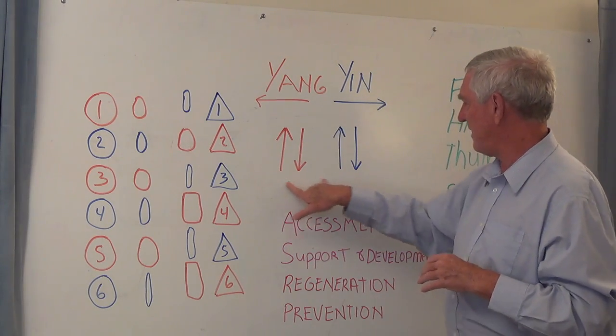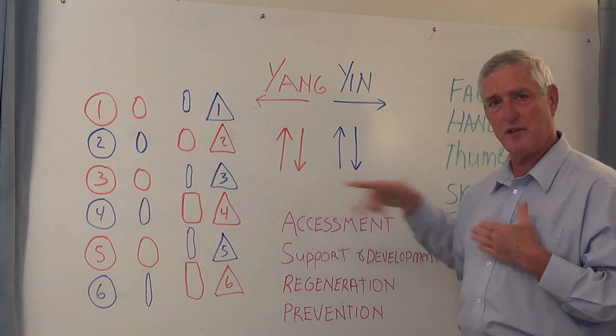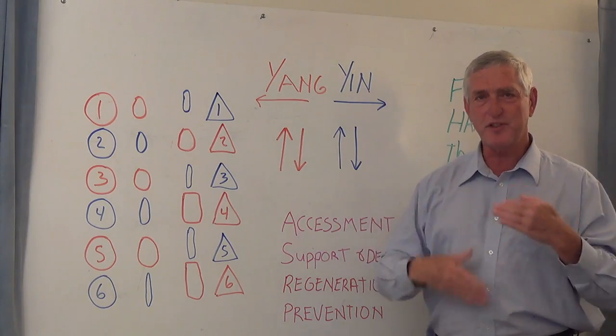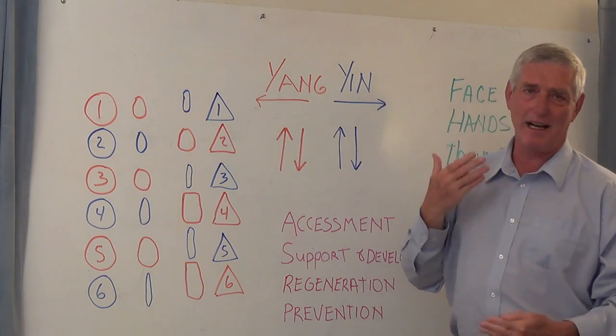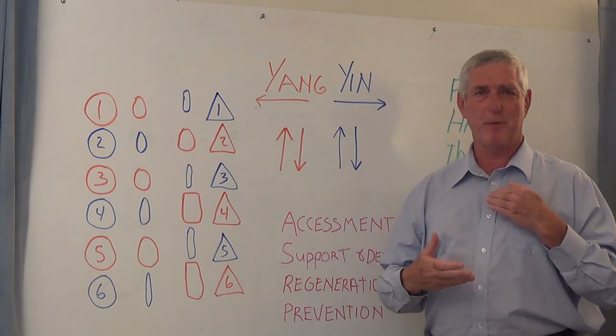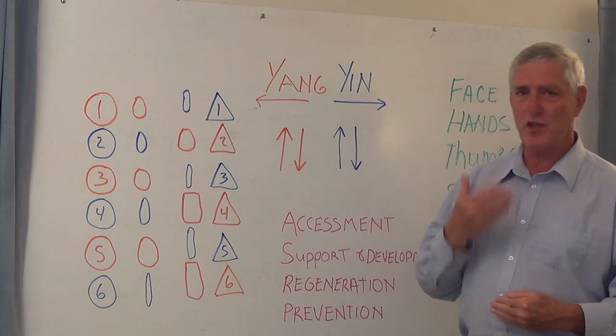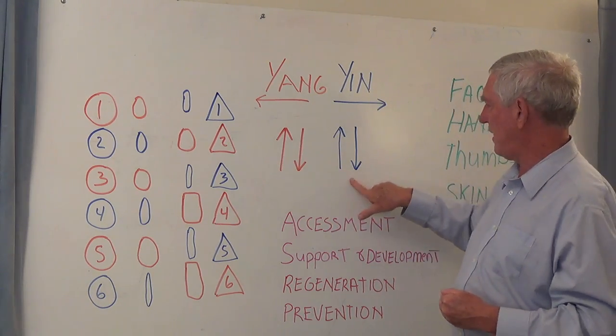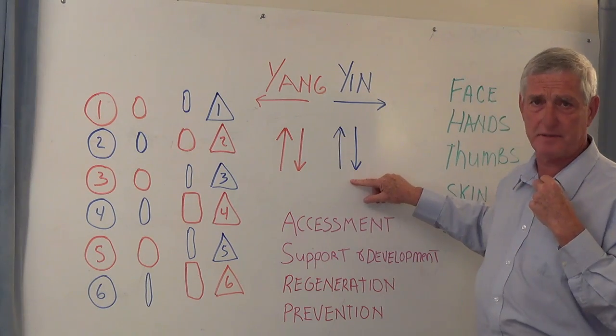This is what the ascending and descending forces are doing to the body. They're producing a change in the body type. They're producing body chemistry changes, hormonal changes, all based on the ascending and descending forces.